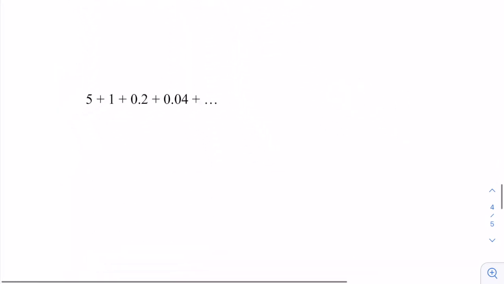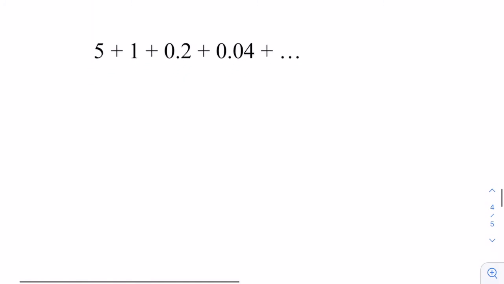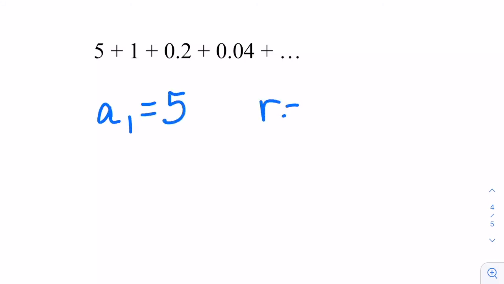For the next one, we have a series here, and you could tell that it's geometric as well because each consecutive term is being multiplied by 1/5 or divided by 5. So our first term again is 5. Our ratio is going to be 1/5.